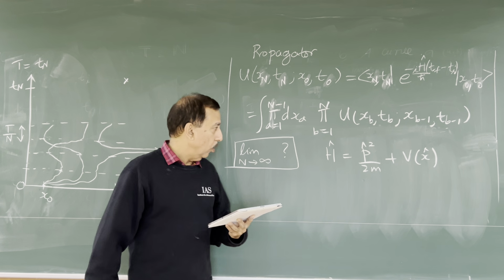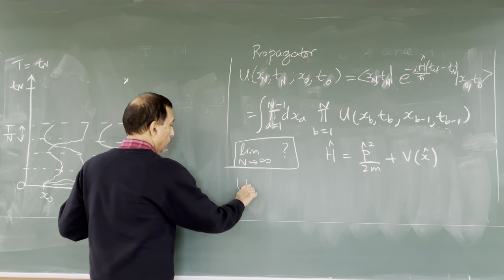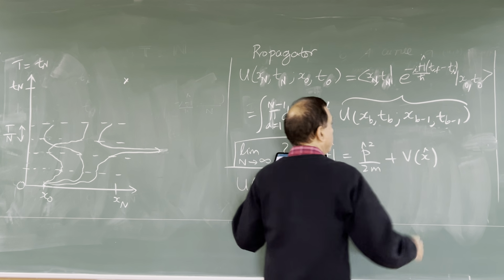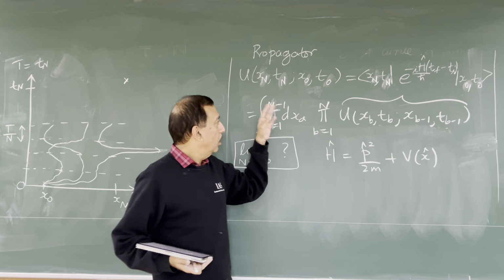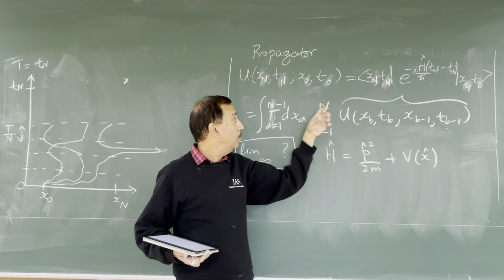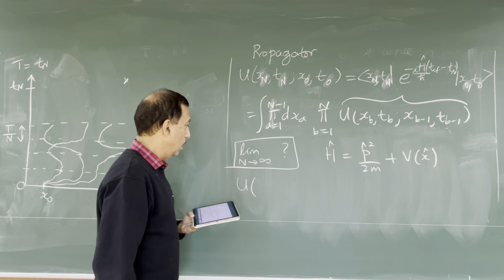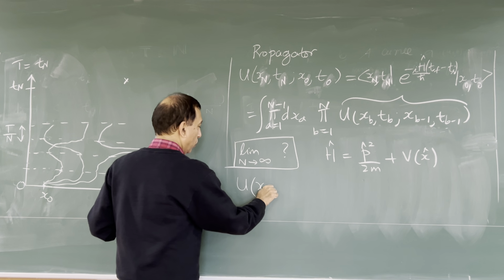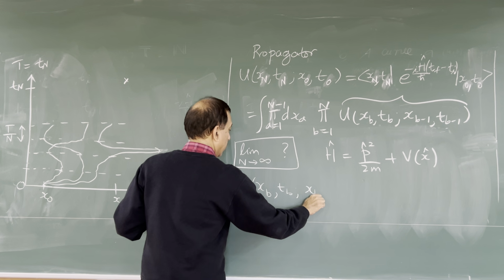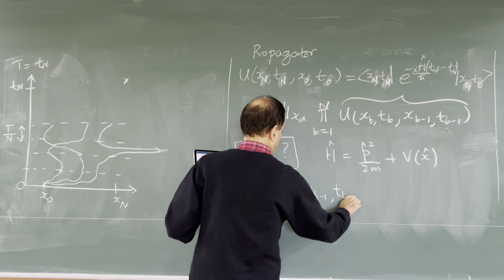Okay, good. Now let's calculate this factor. If we understand this factor, of course, then we've understood the result, because we have to multiply it by itself successively many times and do some integrals. So let's try to find a good formula for xb tb, xb minus 1, tb minus 1.